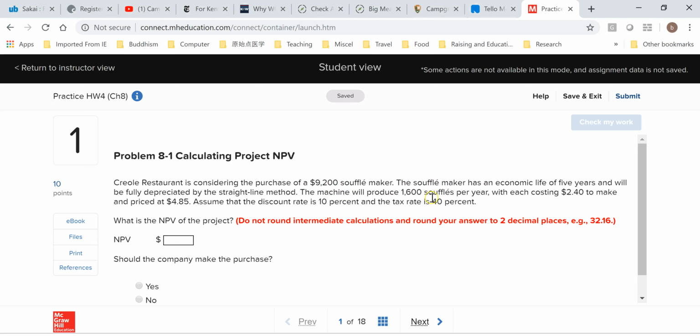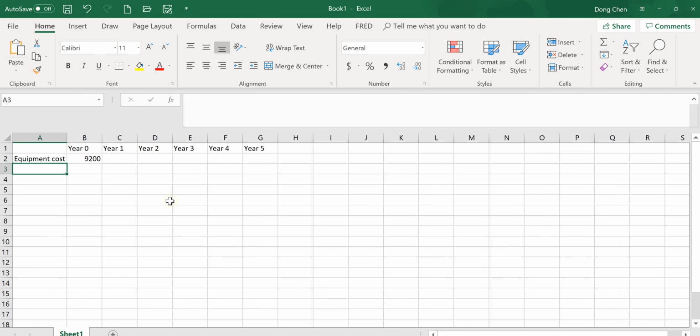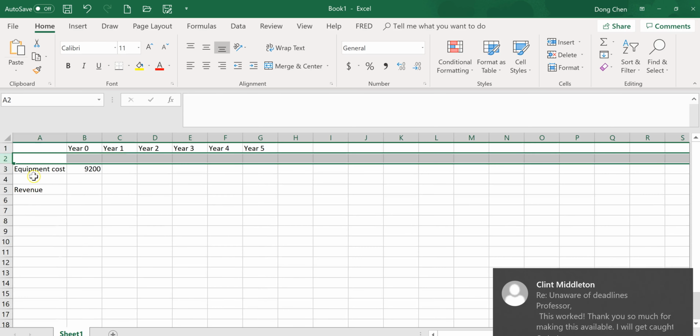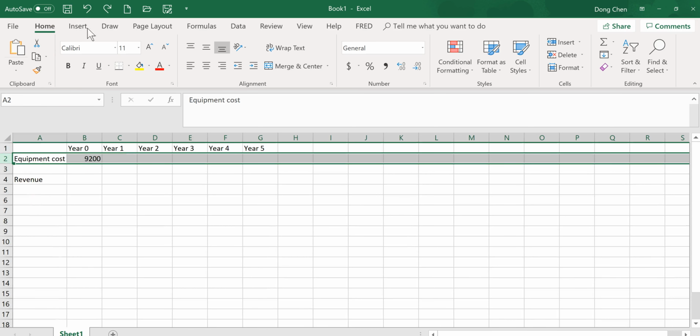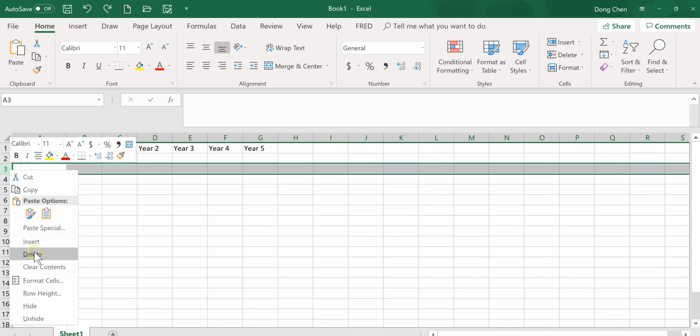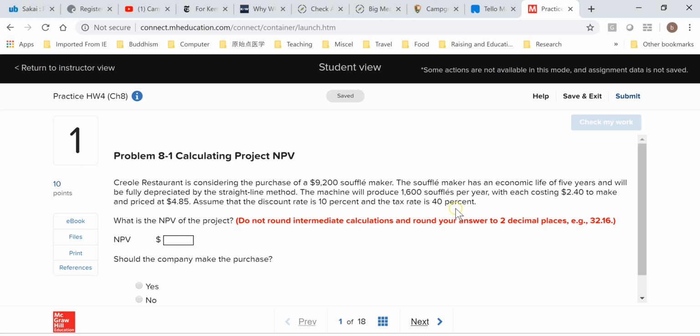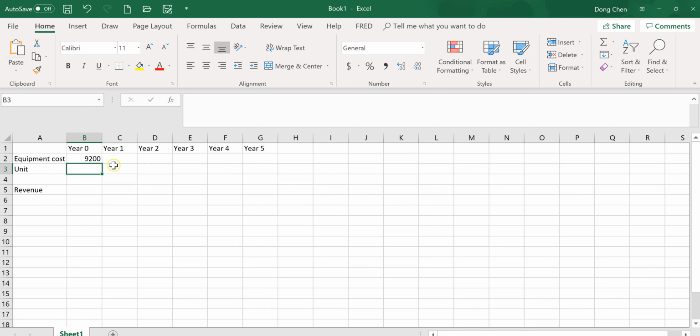And the third one, as we said, from this one we can get the revenue. Why don't I write more steps? I can insert a row and write units. Units is every year the same, 1,600.